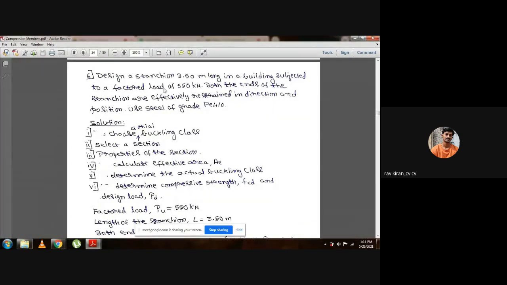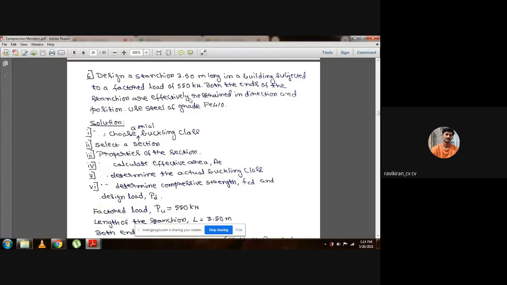Design a stanchion 3.5 meter long in a building subjected to a factored load of 550 kilonewton. Both the ends of this stanchion are effectively restrained.